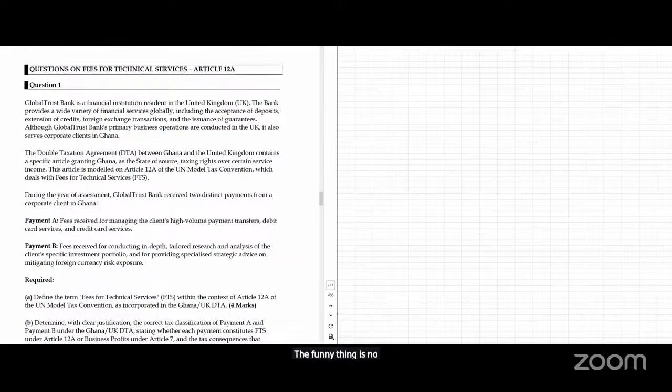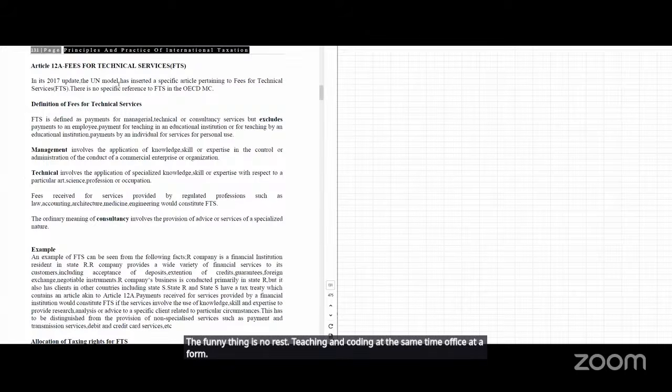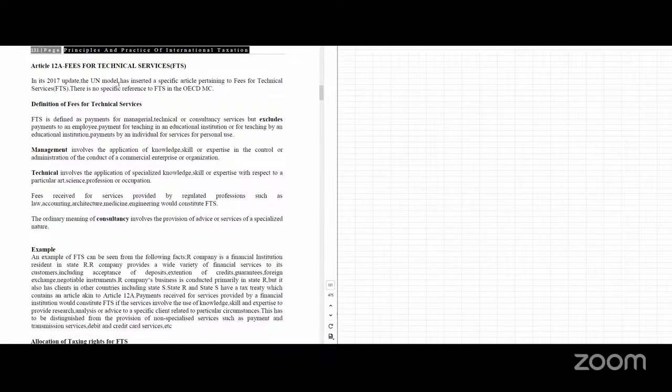Teaching and coding at the same time. I was saying for vacation.